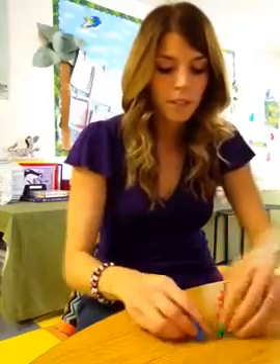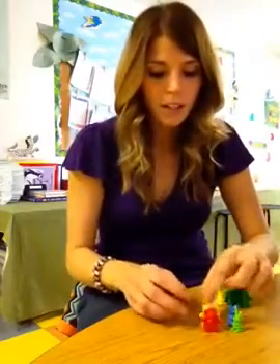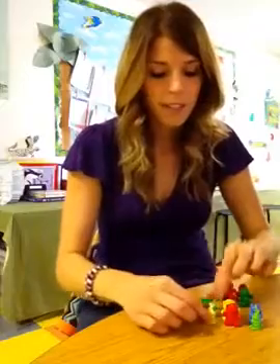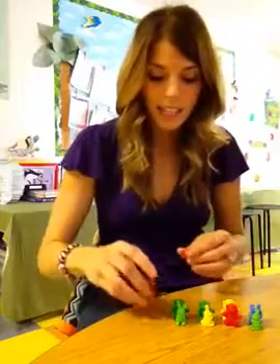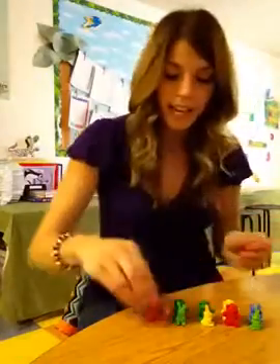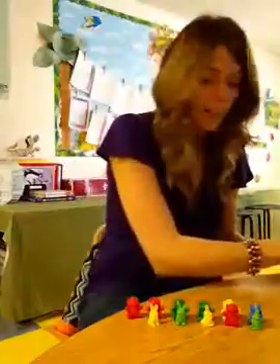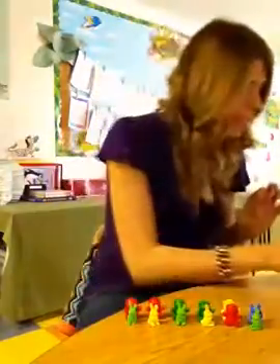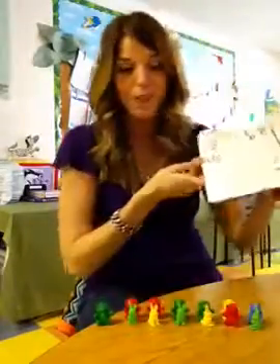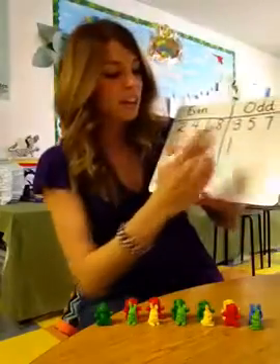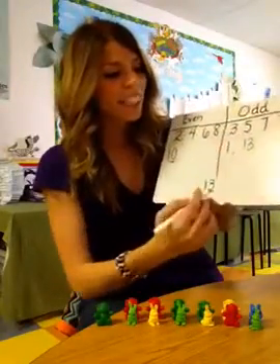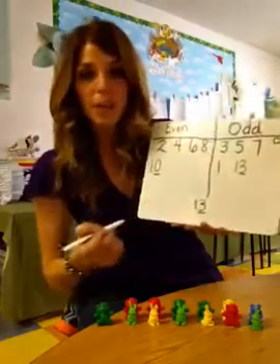Here's 1, 2, 3, 4, 5, 6, 7, 8, 9, 10, 11, 12, and remember we want that number 13, 13. So you can see that the number 13 is actually an odd number because there is one left over without a buddy. So if you said odd at the beginning of my question, you are absolutely correct. 13 would be an odd number because it ends with 3, just what we pointed out up here.